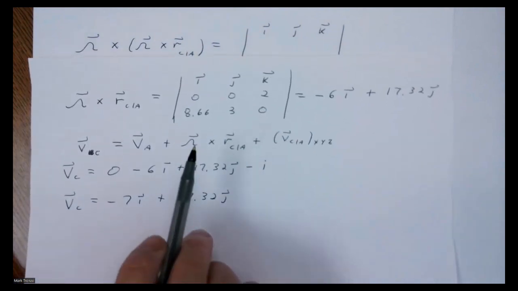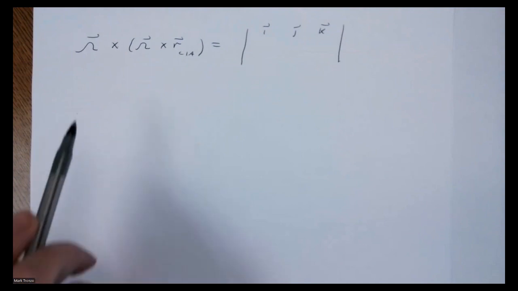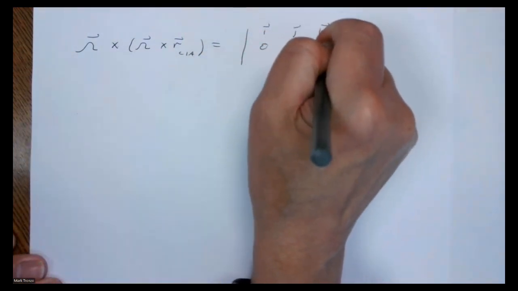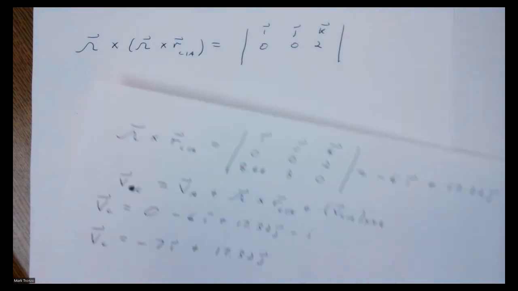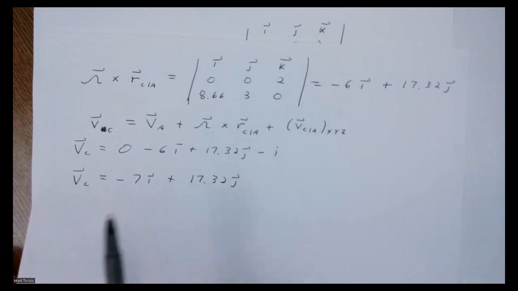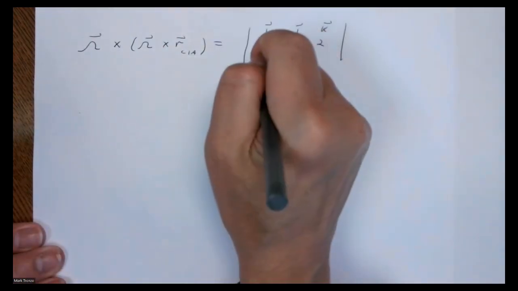And again, our omega was 2K, and omega cross RCA was negative 6, 17.32.